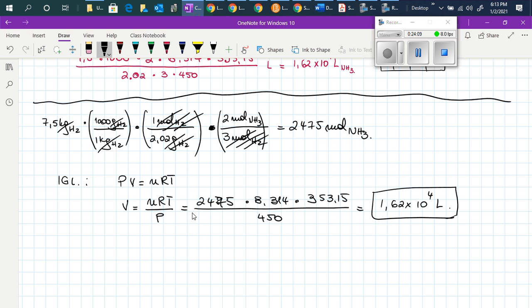So if you feel overwhelmed by the first method, then go ahead and do the second method. It's fine, it should give you the same result.